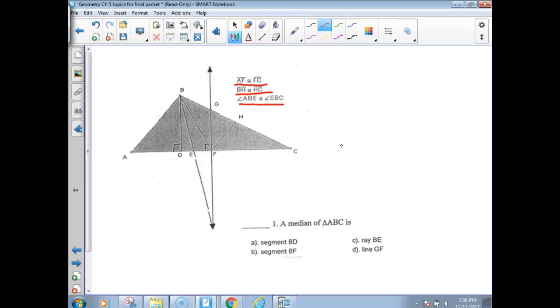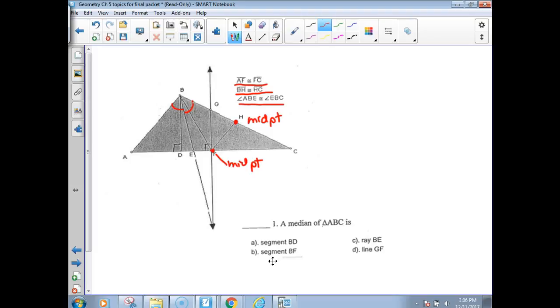AF is congruent to FC would mean that F is a midpoint. BH congruent to HC would mean H is a midpoint. An angle ABE up here congruent to angle EBC over here, that helps with angle bisector.